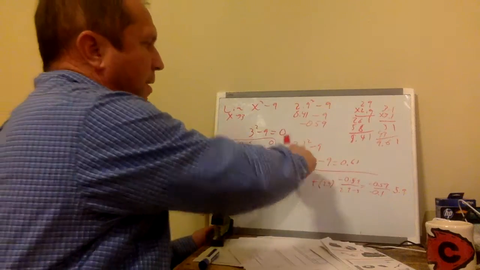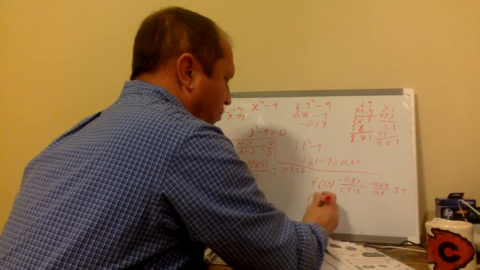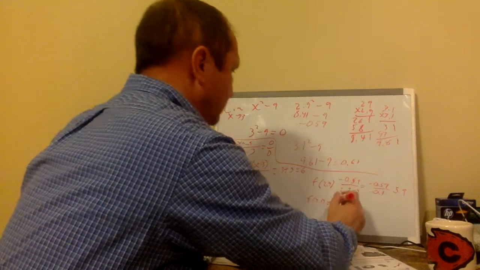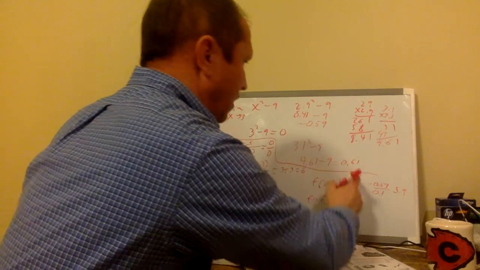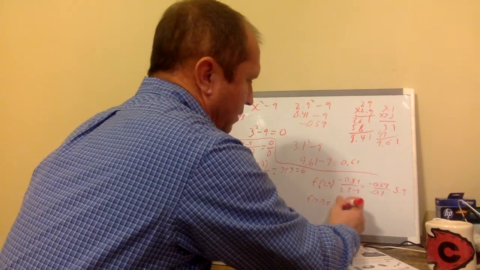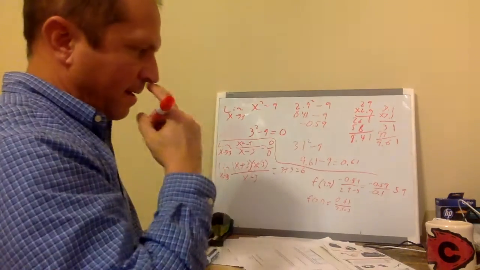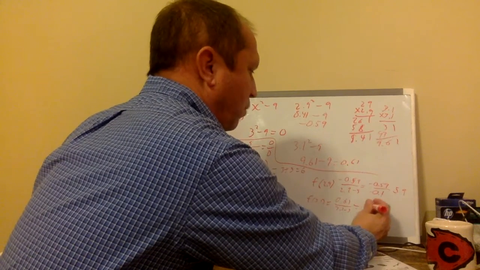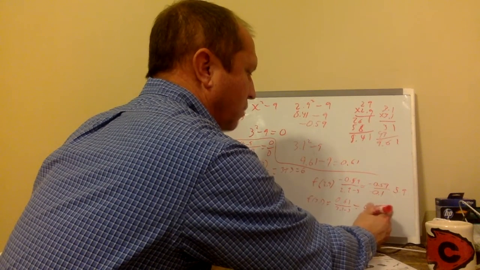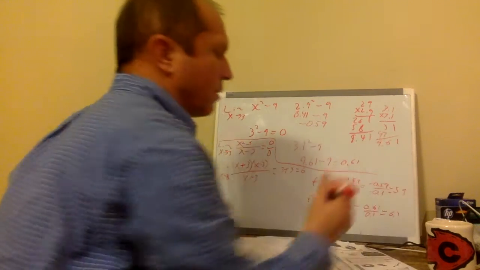All right, now let's think about plugging in 3.1. Well, f of 3.1 is, okay, I know in the numerator I'm going to get 0.61, and in the denominator I get 3.1 minus 3. So I get 0.61 divided by 0.1, and I get 6.1 as my answer here.